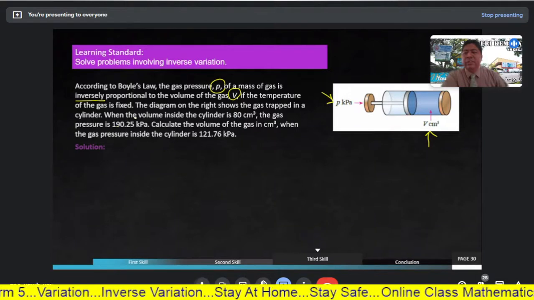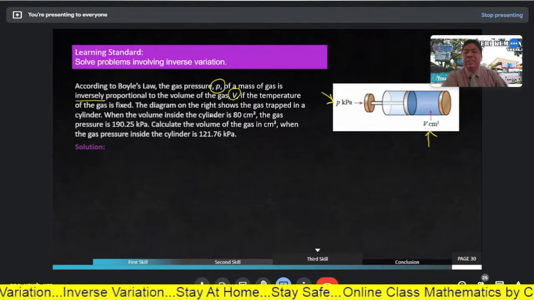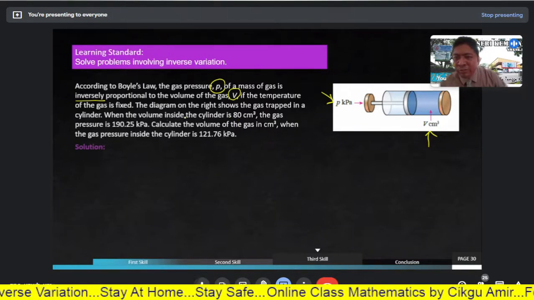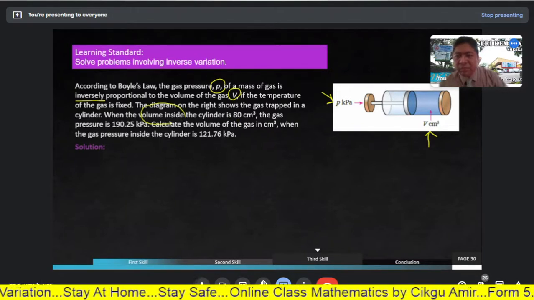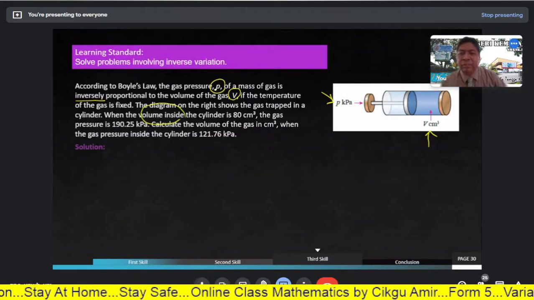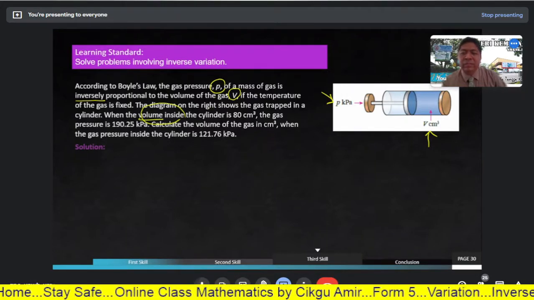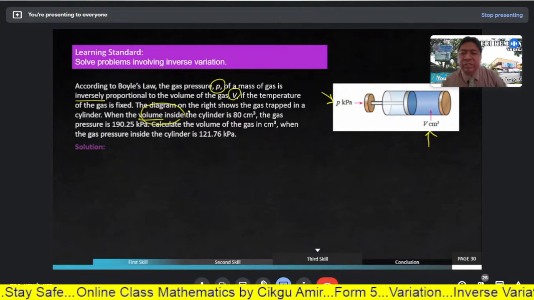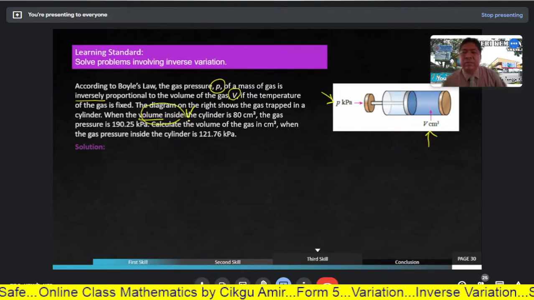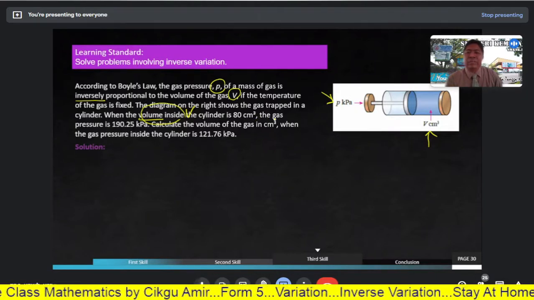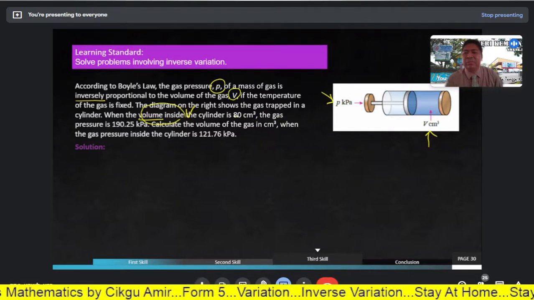When the volume inside the cylinder is 80 cm cube, the volume is V, so V is 80 cm cube.